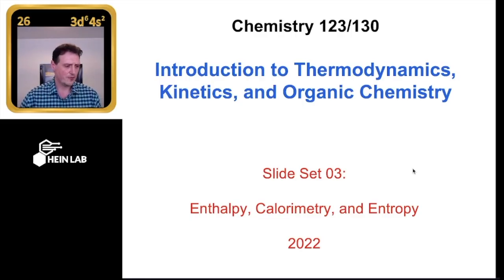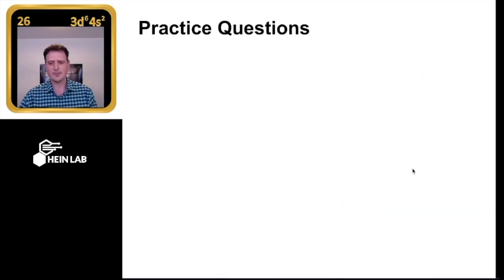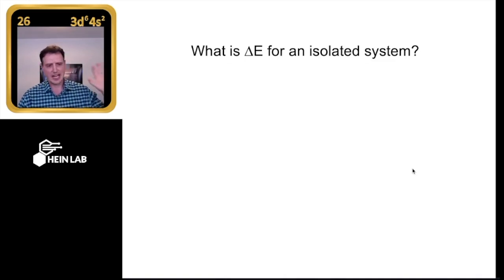So if we were to, first of all, think of an isolated system. Now remember, way back, definitions. What is the delta E for an isolated system? Yeah, it doesn't matter if it's reversible or not.